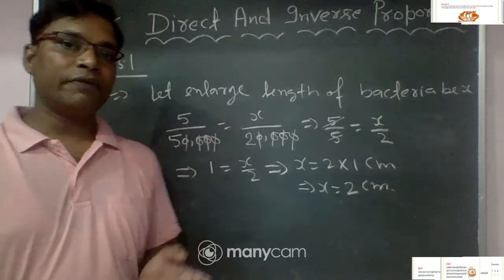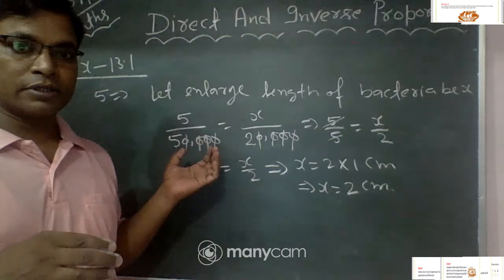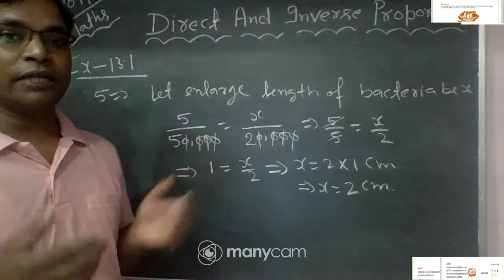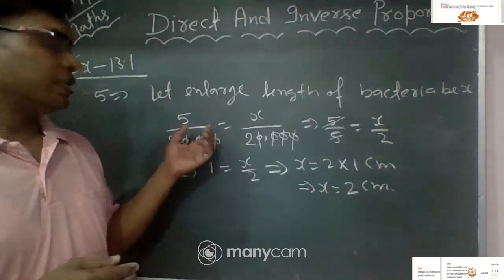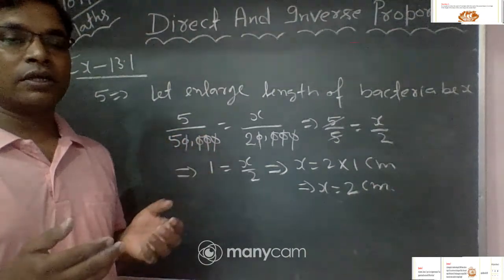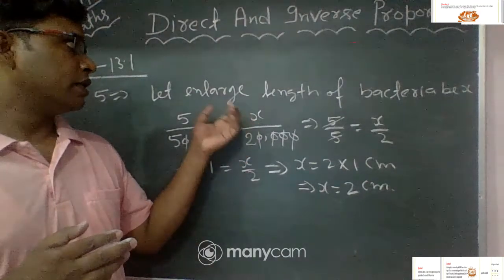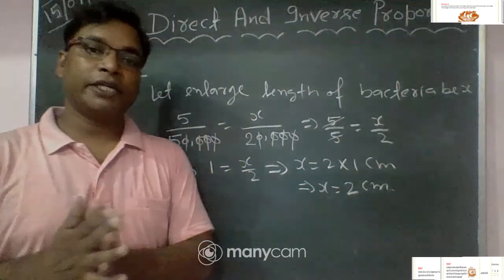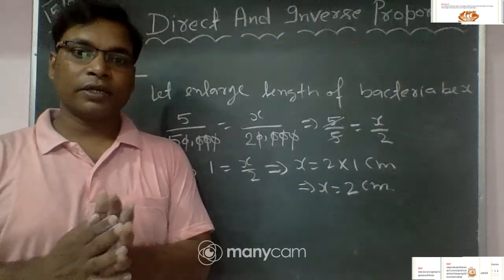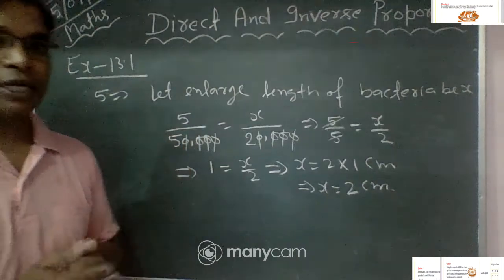If the photograph shows more times, the length of bacteria is enlarged more. If the photograph shows fewer times, then the enlarged length of the bacteria is less. So in this way we know this is the case of direct variation.